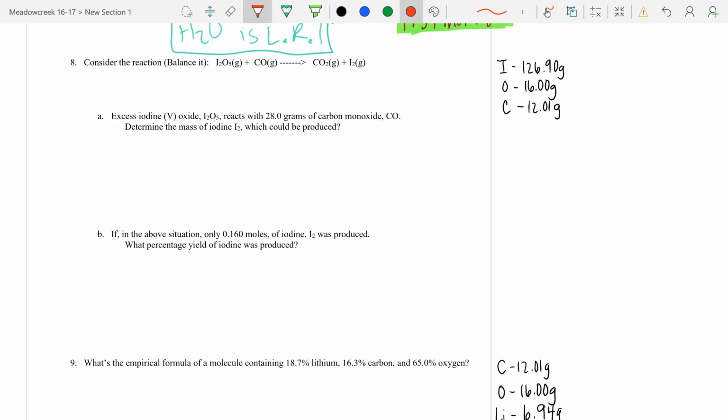So, in order to balance it, we need to list out our elements. So we have iodine, oxygen, and carbon. I have 2, 6, and 1. And then I have 1, 2, and 2.